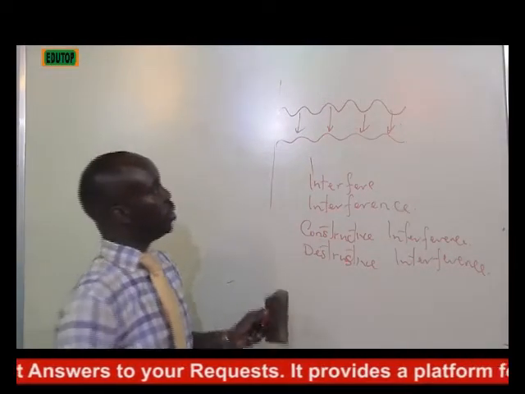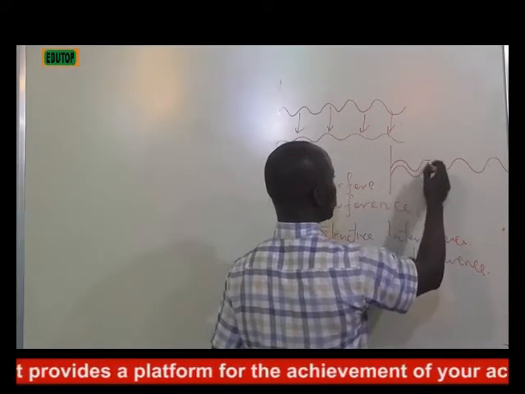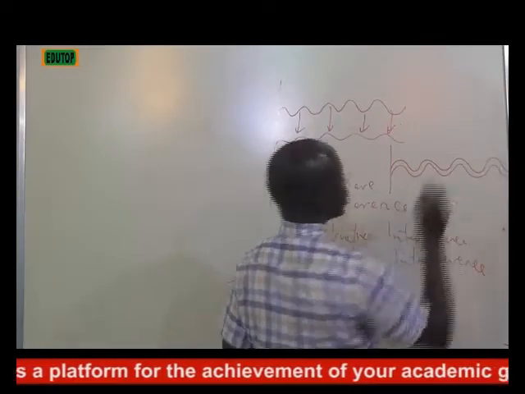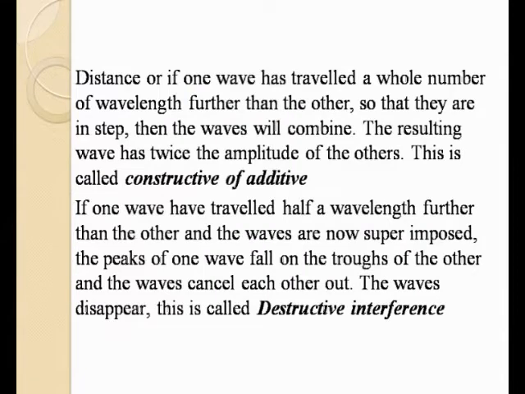Constructive interference could be when you match the two waves, they will go like this. They will follow suit. This is constructive interference. Are we getting it? Now if two waves travel in the same direction, or if one wave has to travel a whole number of wavelengths further than the other, so that they are in step. You see it, they are in step with each other. So this is constructive.